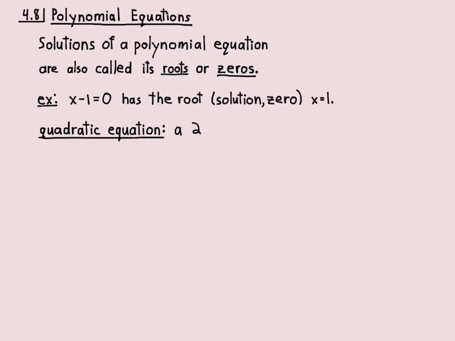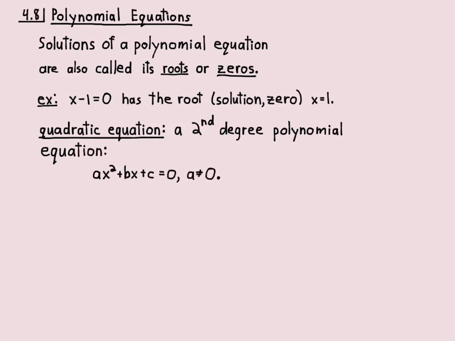So a quadratic equation is a second degree polynomial equation, which just means that the highest power on your variable is a 2. That's what second degree means. Okay, and here we have a is not equal to 0.